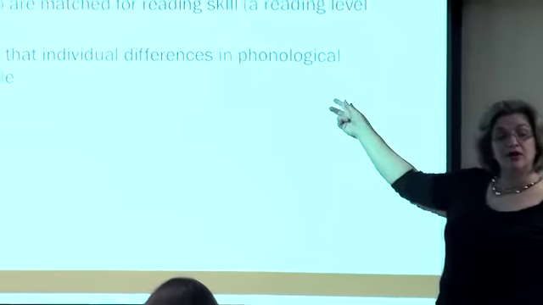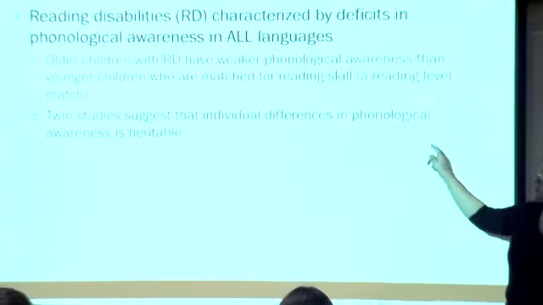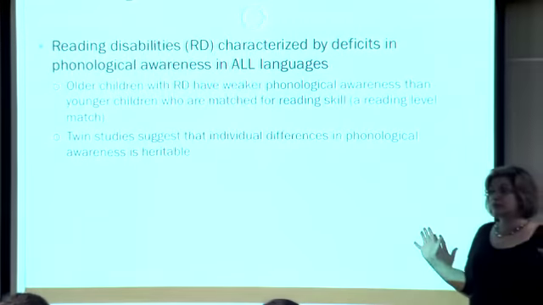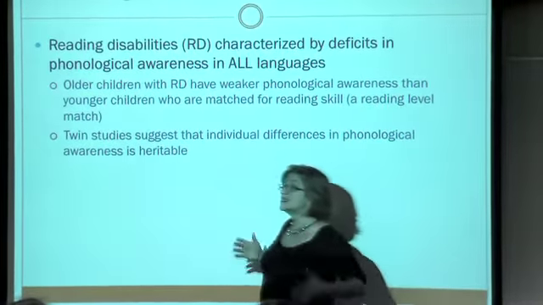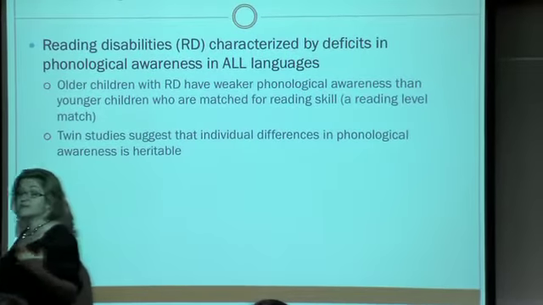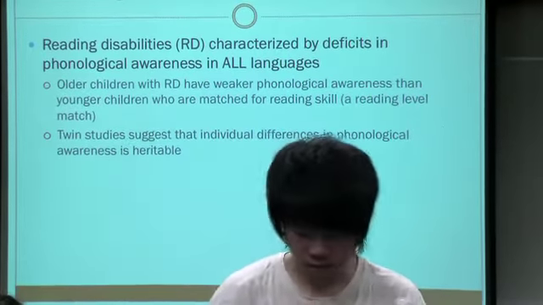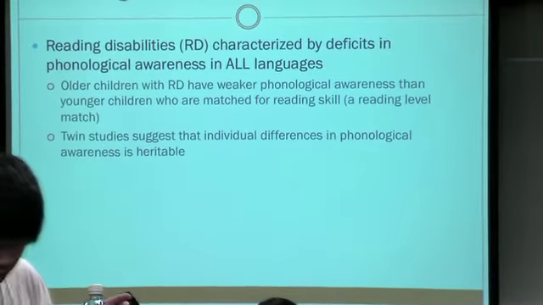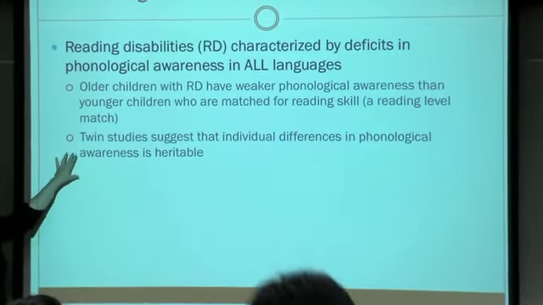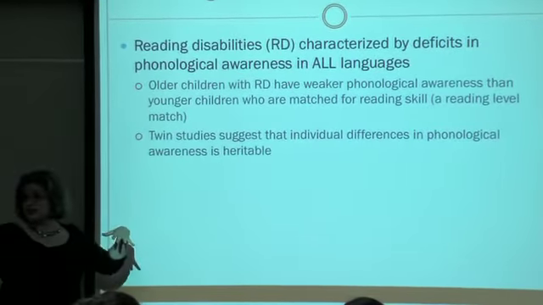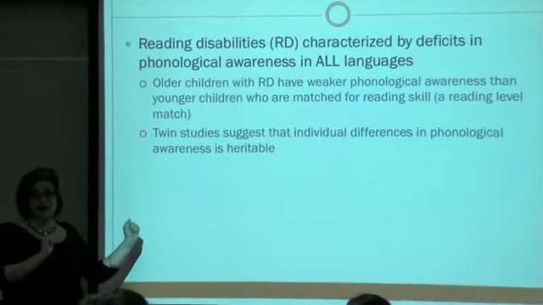Dick Olson in Boulder, Colorado, with his group, has this massive twin study going. And one of the things they've been investigating primarily is reading development. What they do is they look at identical twins and fraternal twins, so monozygotic twins and dizygotic twins.